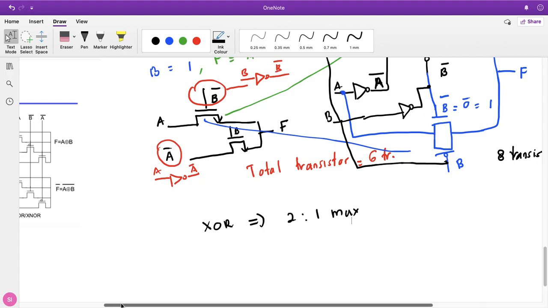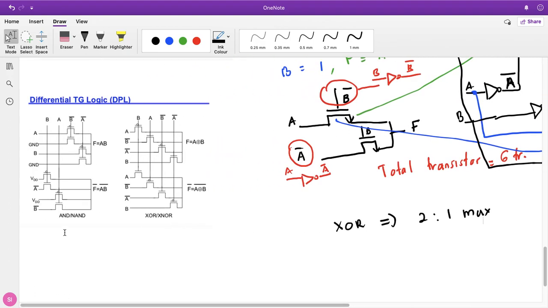So we continue with the differential or CPL, complementary. This is also called complementary TGL, transmission gate logic. Last time we looked at the CPL for the pass transistor with MOS.